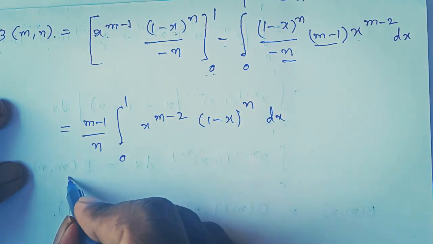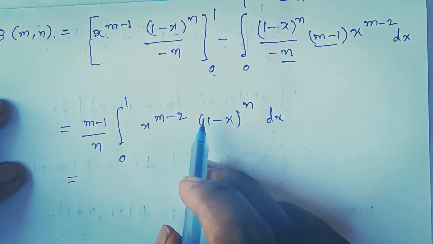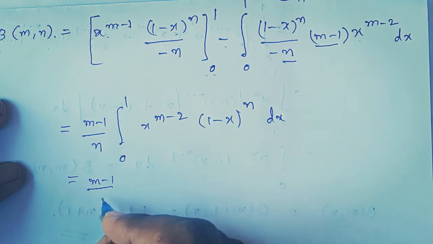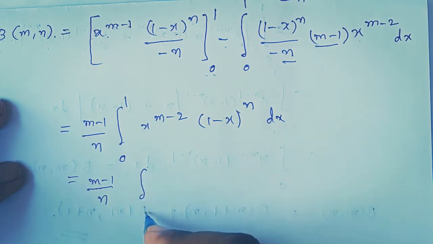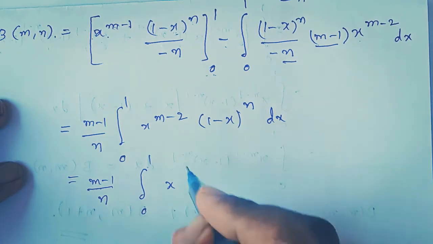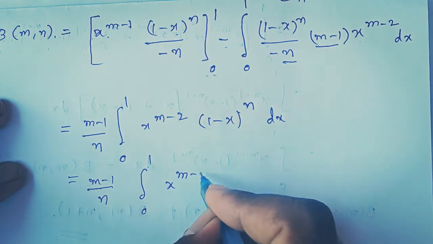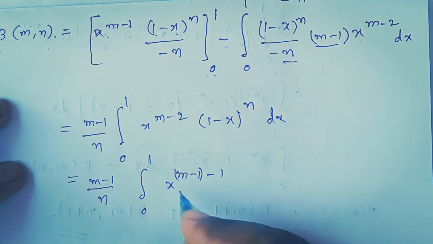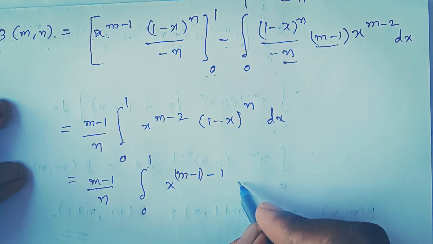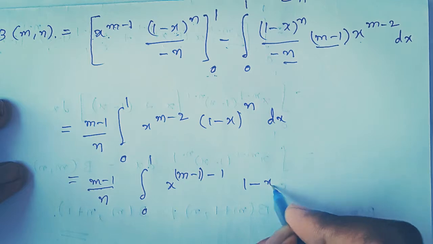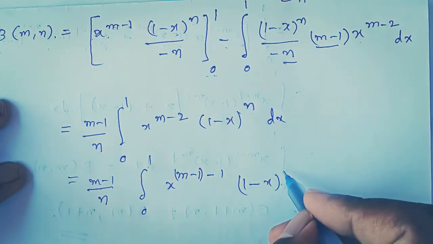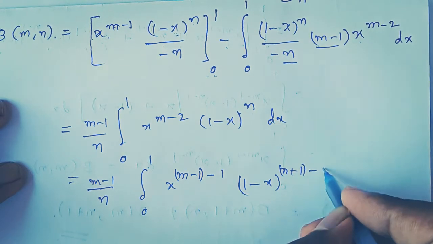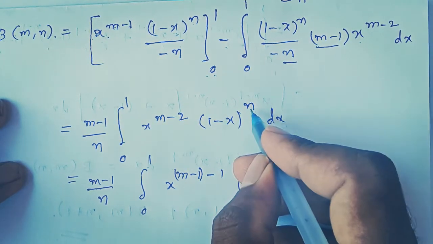Okay, we can write this function in the beta function form, that is (m-1)/n into the integral with the limit 0 to 1 of x^((m-1)-1) (1 - x^n)^((n+1)-1) dx, since n plus 1 minus 1 is n.